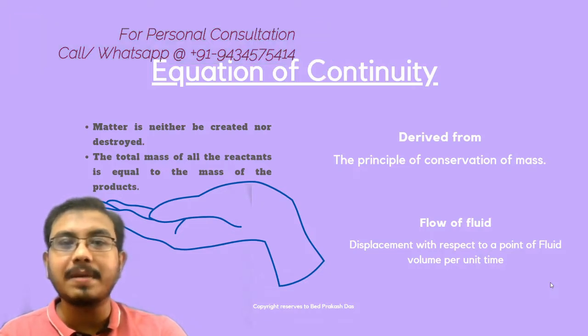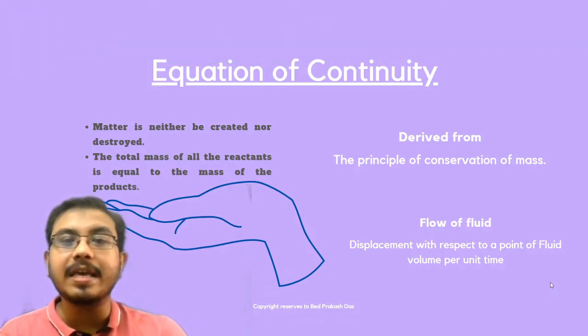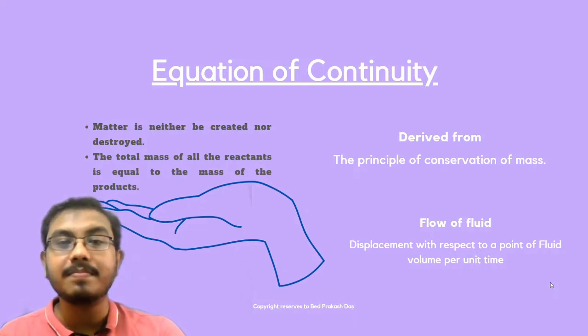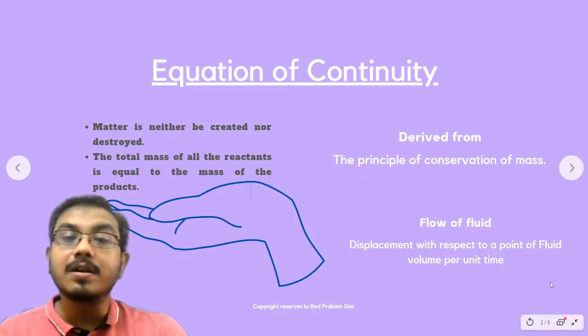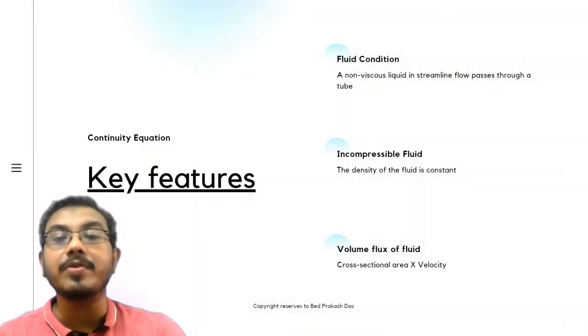As I have explained already, in the case of gardening as well as car washing or different kinds of remote application cases, we attach some pipe and we change the velocity of the fluid by pressing the pipe at its opening end. Now let's have a look on the conditions of the continuity equation.